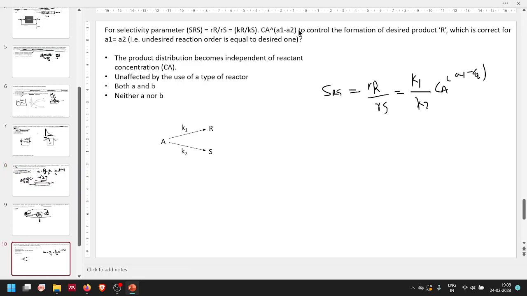As you can see right here, this is the expression for the selectivity parameter, and to control the formation of the desired product R, which is correct for a1 and a2.